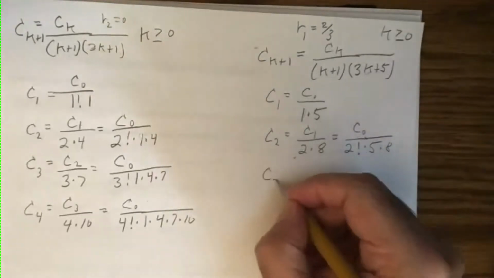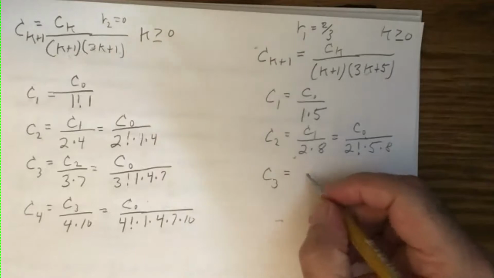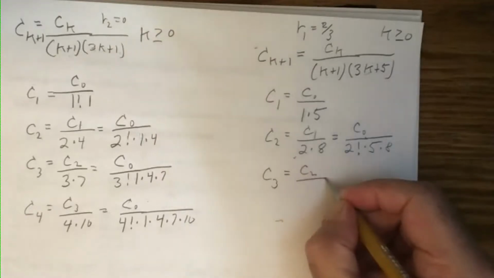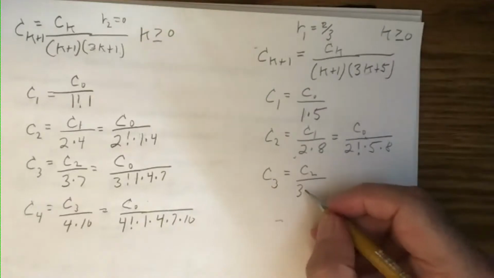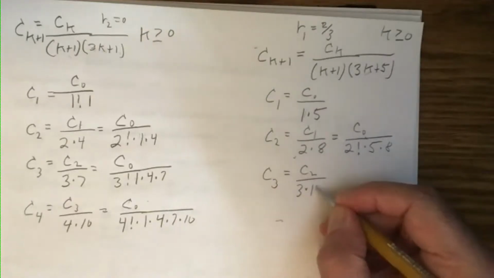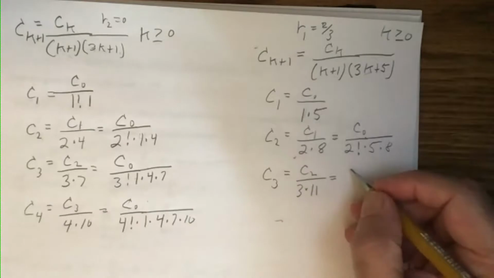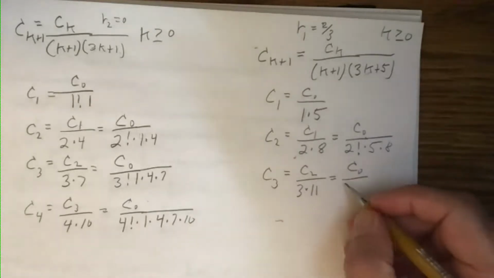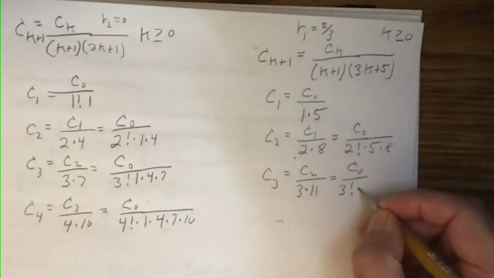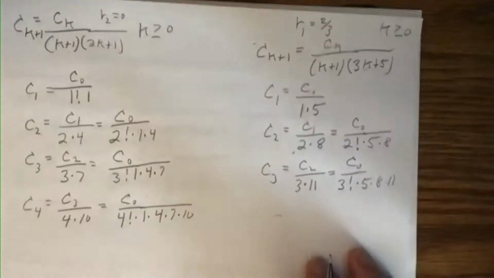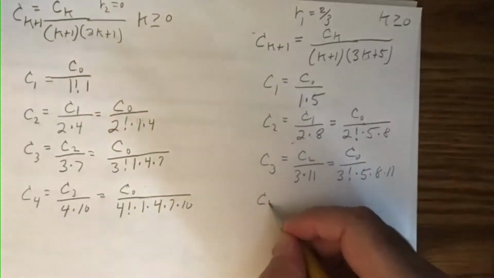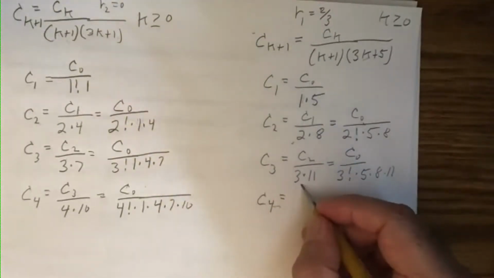And then C3 is going to be C2. On a test, if you do just the first 3, I'm happy. This will be 11. And there's going to be C0, and then 3 factorial times 5 times 8 times 11. And then C4, I'll do one more.